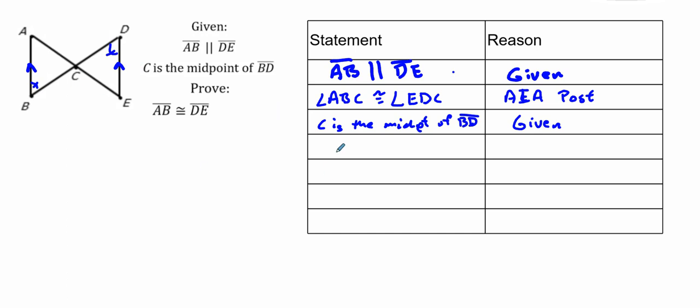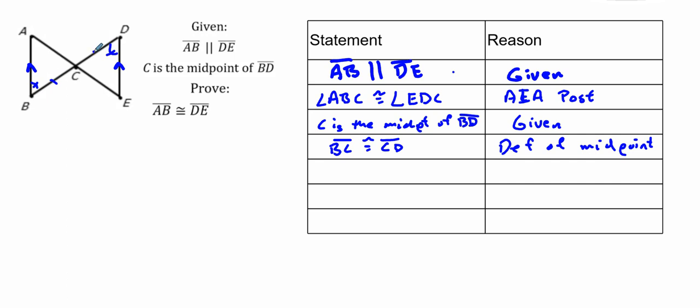Well, now, if we know that C is the midpoint of BD, BC is going to be congruent to CD. That's the definition of midpoint. Why do they give us information? What does it allow us to say? How can we use that to get information about sides and angles? That's what we're looking for.